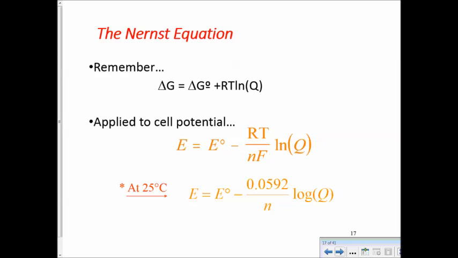Now, at 25 degrees Celsius, they give you this other version. So really, the RT and the F have been calculated here for you, because at standard conditions, 298 K, you end up with this 0.0592 number.